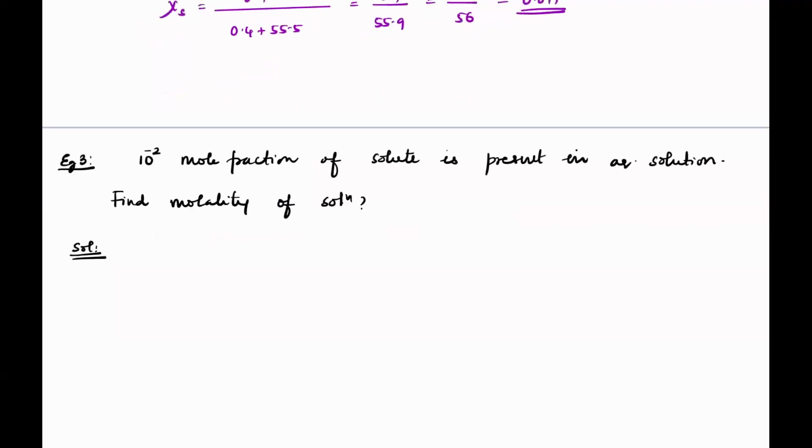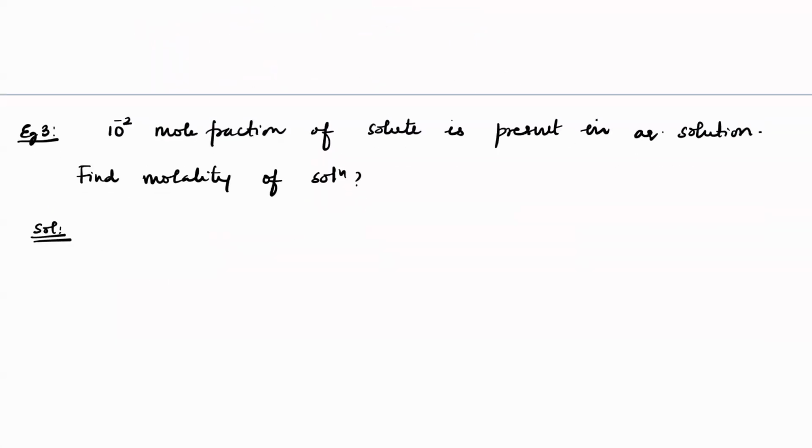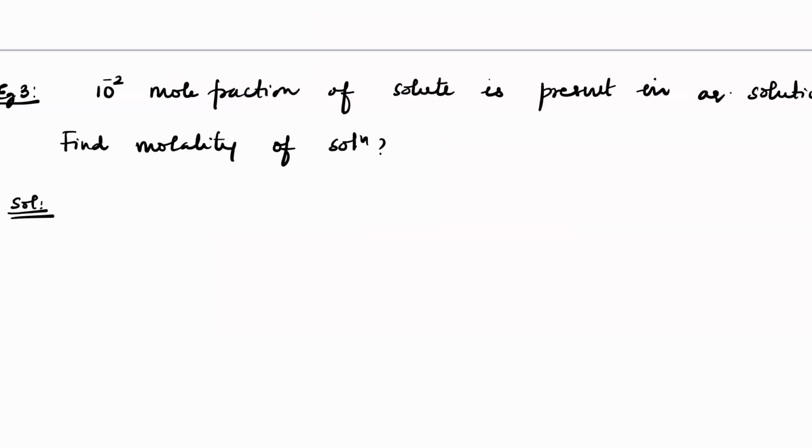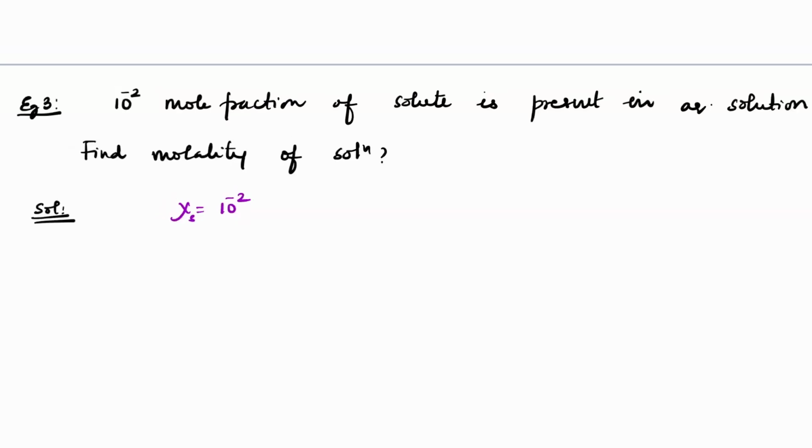See the next one. If the mole fraction is given this time, you have to calculate molality. So in that case, what will I do? The mole fraction of solute given is 10 raised to power of minus 2. See, if nothing is given, you will always consider it to be a binary solution.